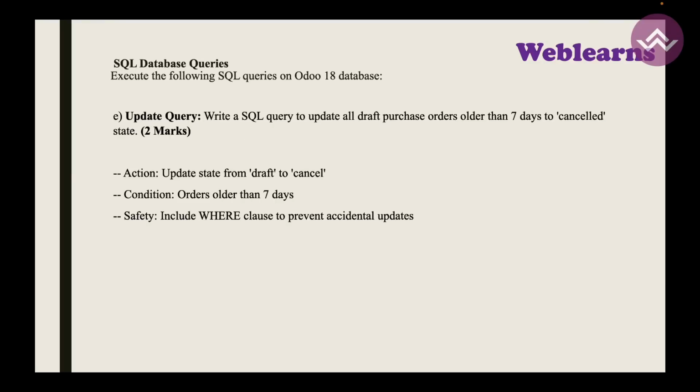Alright. So the fifth is: write a SQL query to update all the draft purchase orders older than 7 days to cancel, updating the state from draft to cancel. The condition is orders older than 7 days, including a where condition.